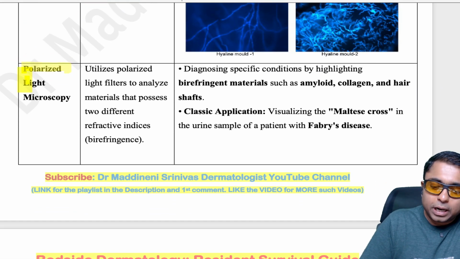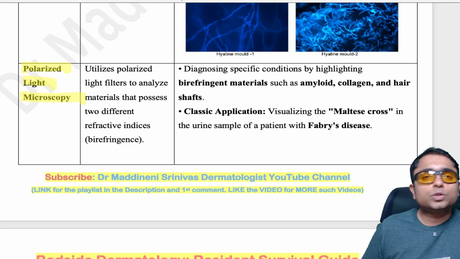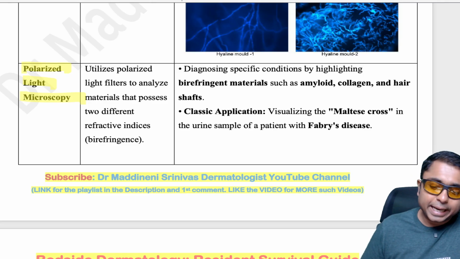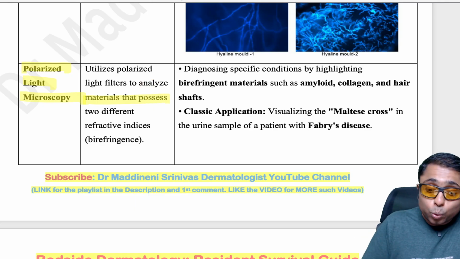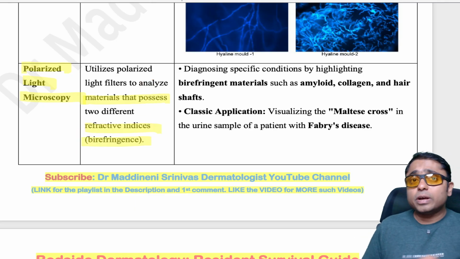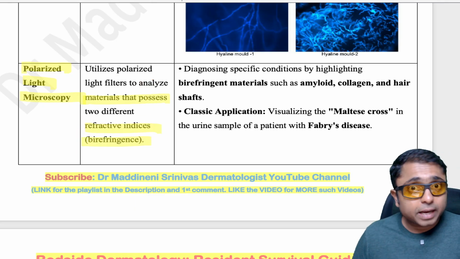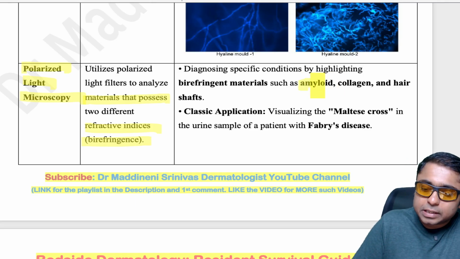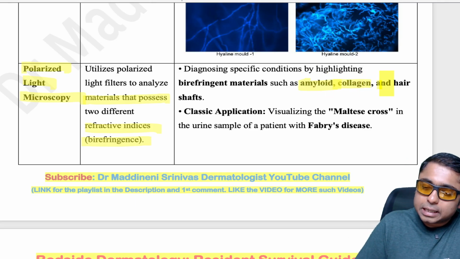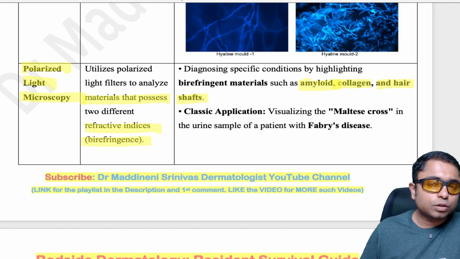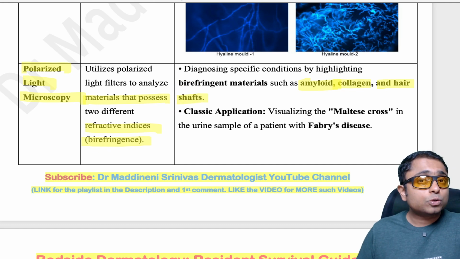Next one is polarized light microscopy. Again, this has so many uses, so many indications. It uses filters to analyze materials that possess two different refractive indices. That's why we also call it birefringence. I hope you remember this birefringence for amyloid. Not only that, for others like collagen and also some hair shaft disorders we can use this polarized microscopy.